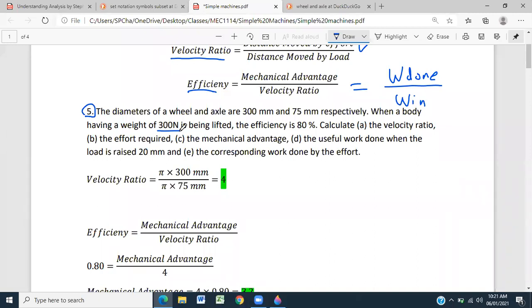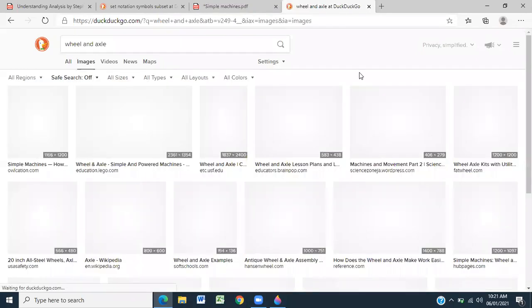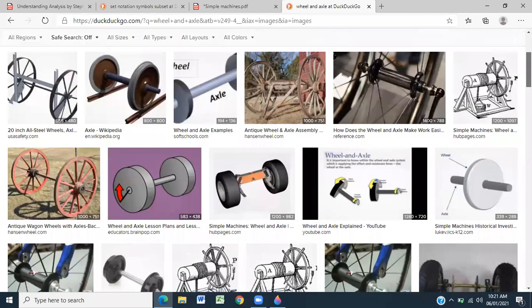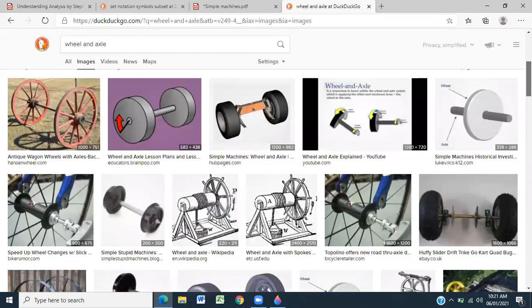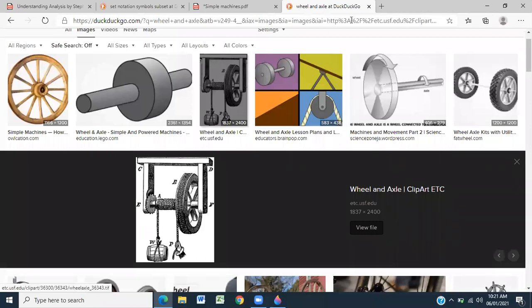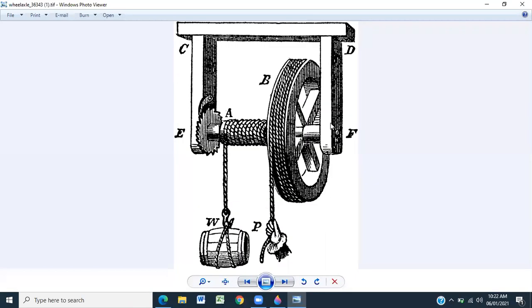So first things first, what is a wheel and axle? Let's find a picture real quick so you guys could see what it is. Okay, so this is an example of a wheel and axle, right?